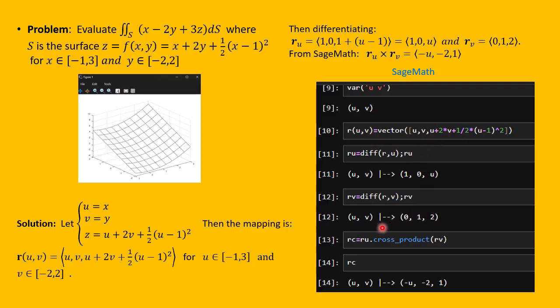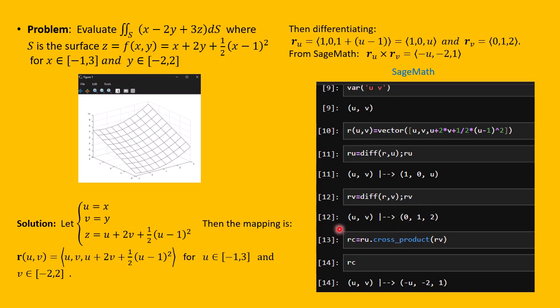Okay, now how do we find the cross product of r sub u and r sub v? In SageMath, we'll do it the following way. We'll say r sub u dot cross product of r sub v. So this notation will find the cross product of ru and rv, these partial derivatives up here.